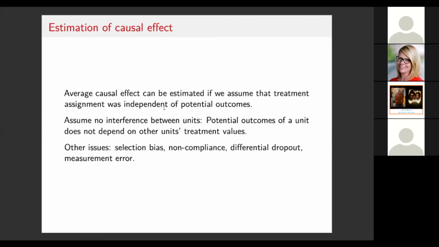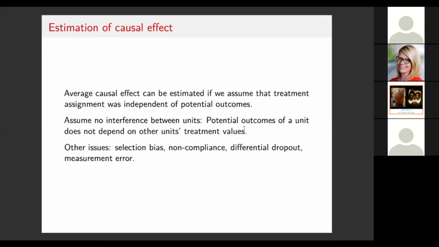So another thing I need to assume is what's called no interference between units, which says that the potential outcomes of a unit do not depend on the other units' treatment values. That is, if I get a drug, the diuretic, then it should not affect the outcomes of another individual who may or may not have received the drug.